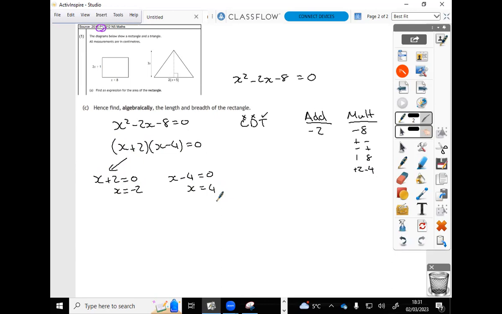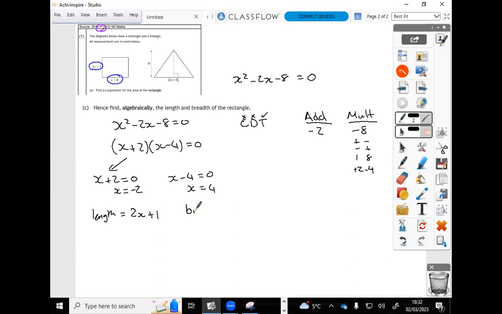Now, very often, only one will work. For us to be able to find the length and breadth, we're using 2x plus 1 and x plus 8. So we're using to find the length the expression 2x plus 1.